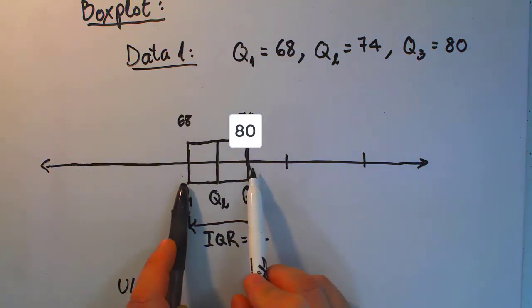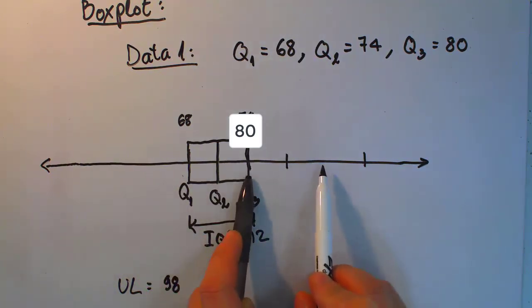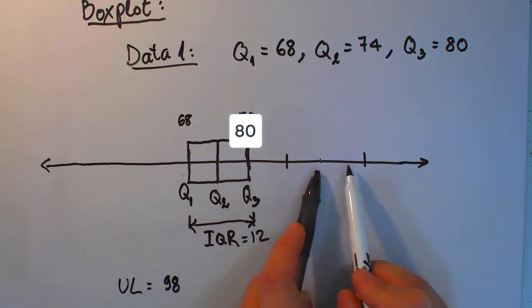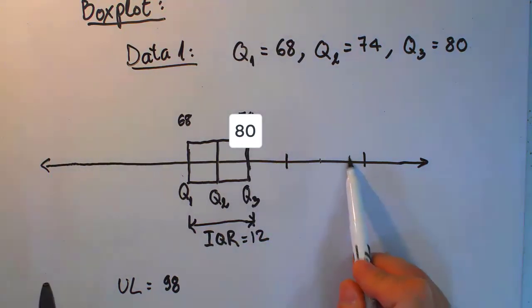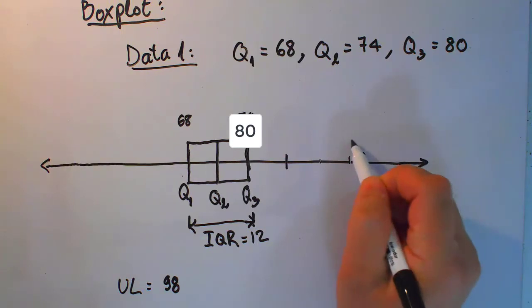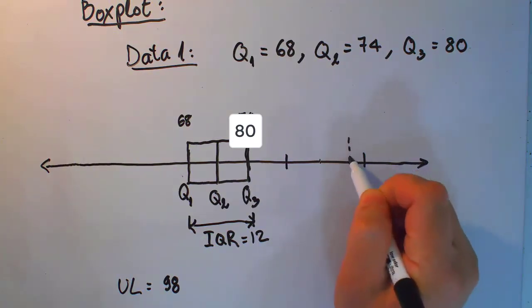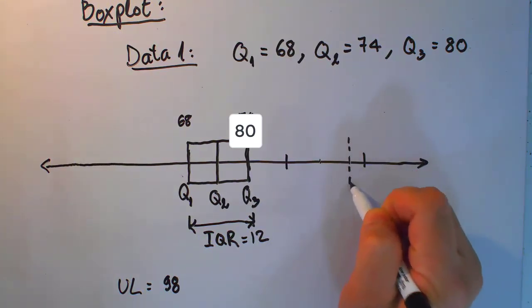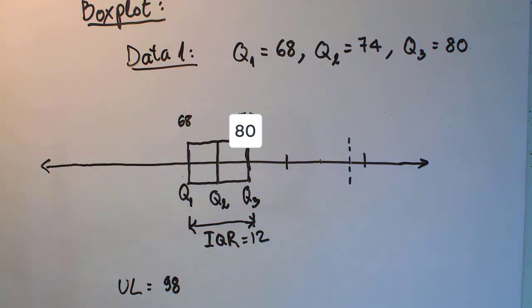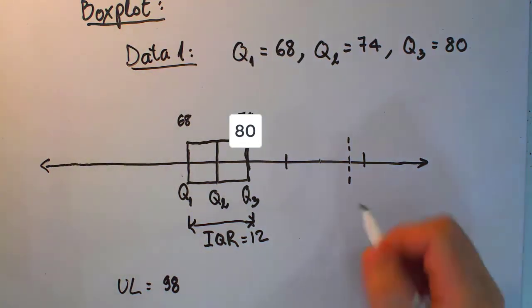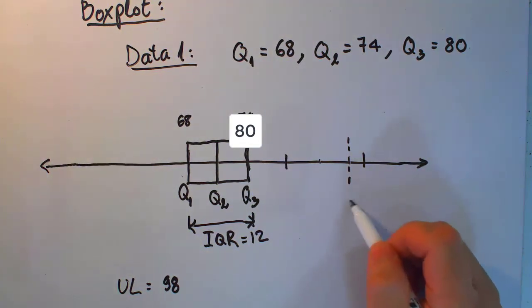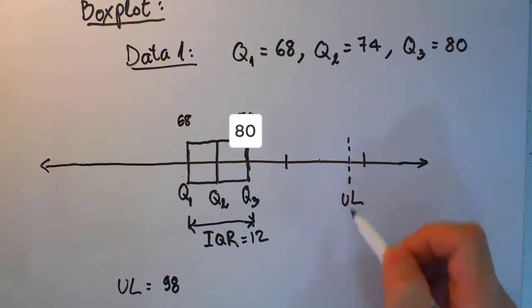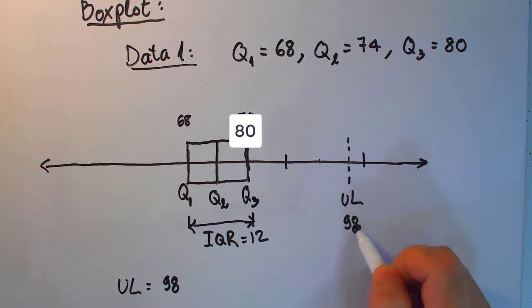And from where my box length is, I'm going to maintain the exact same box length. I'm going to go one more box to the right hand side. And from where that is, I'm going to go another half box, which is about right here. So my upper limit is not really part of the data. That's why I'm putting that as dotted lines right there. But the upper limit, with the value 98, is here, in case you have to put it in.